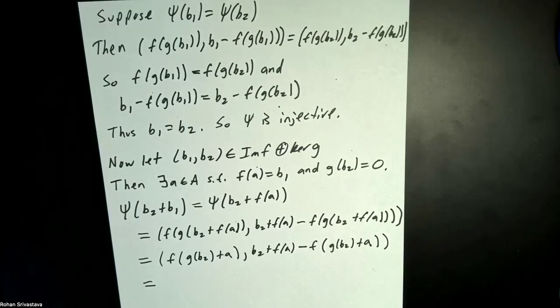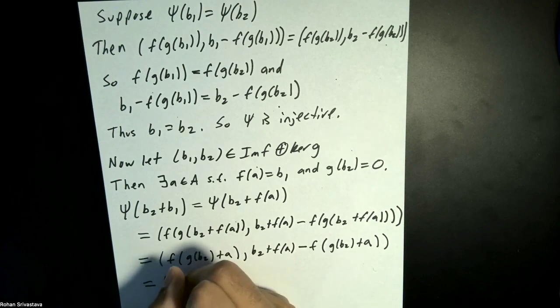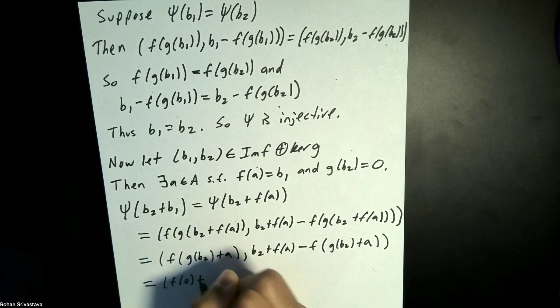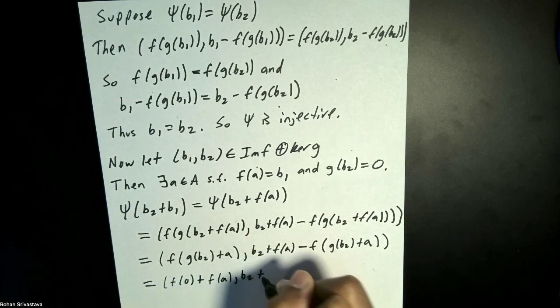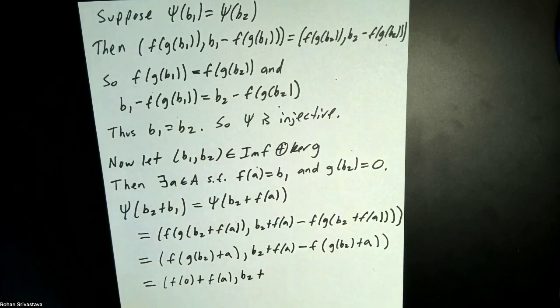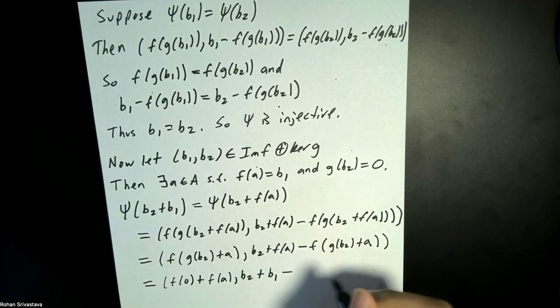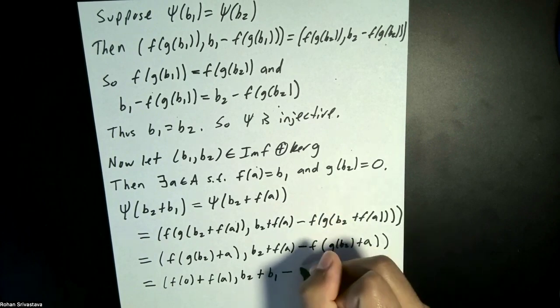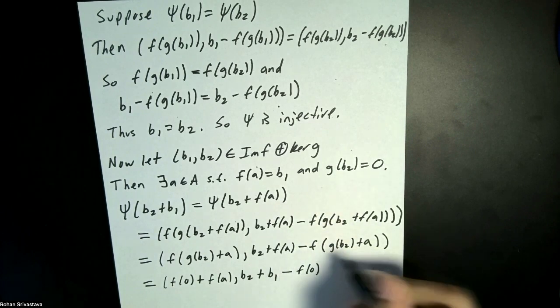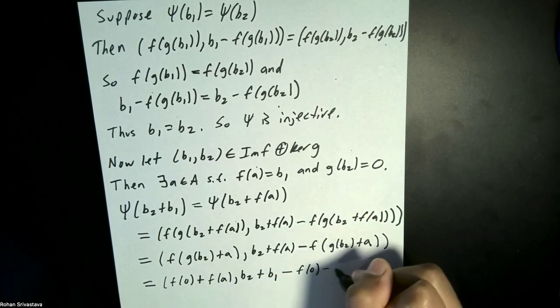So this is just f of 0 plus f of a, comma, B2 plus, oh, what's f of a? f of a is B1, so B1, minus f of g of B2, but g of B2 is 0, so this is f of 0, and then minus f of a.